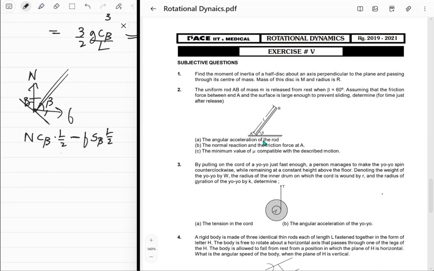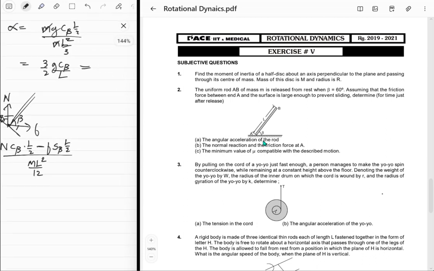That's the torque upon the inertia as seen by the center of mass. You get the idea. So that's going to be ml squared upon 12, which is also equal to the angular acceleration.